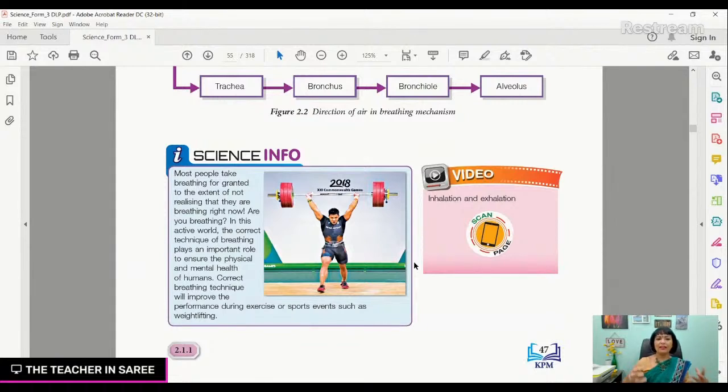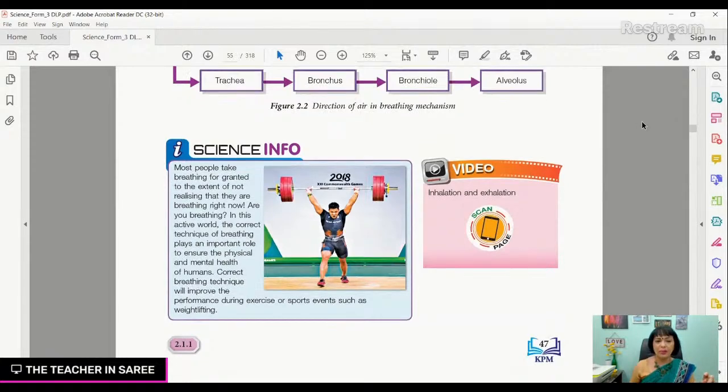When you have the correct breathing technique, maybe you've watched in a movie, they say, breathe, breathe, breathe. All this actually helps in some ways. And correct breathing technique is very important to increase your stamina, especially in sports. So this is how it works.